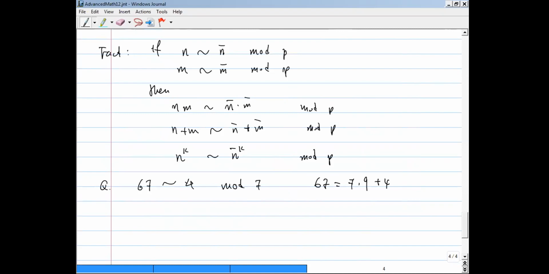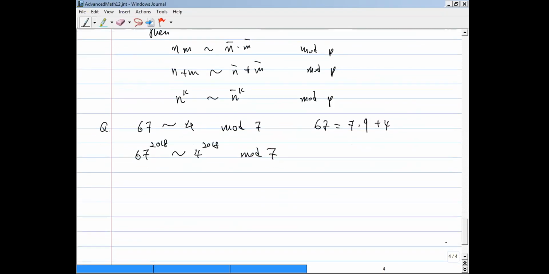So both numbers have the same remainder when divided by 7. And 4 divided by 7 of course has remainder 4. So I claim that 67 to the 2018 has the same remainder as 4 to the 2018 when divided by 7. Otherwise it's very hard to see.